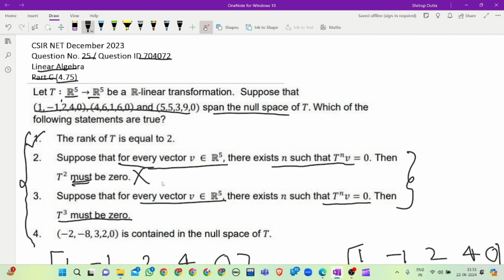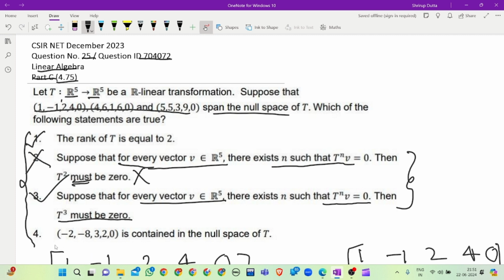This will not be true. T squared may be 0. If dimension of null of T squared is 5, then T squared is 0. If dimension of null of T squared is 4, then T squared is non-zero. So option 2 is incorrect and option 3 is correct.